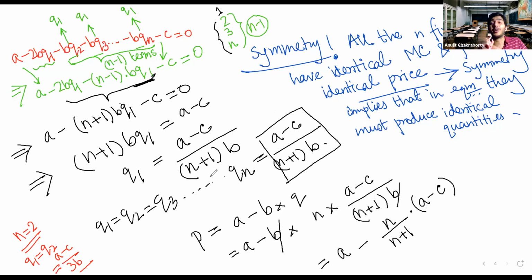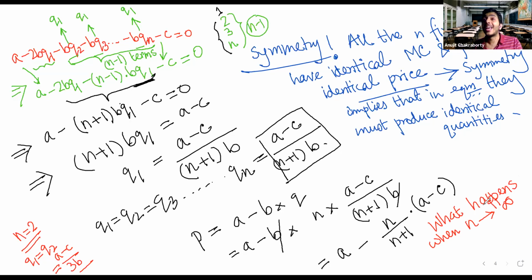The even nicer part of the math, and if you remember limits and calculus, then this will work a bit better. So think about n firms. Think about what happens when n goes to infinity.